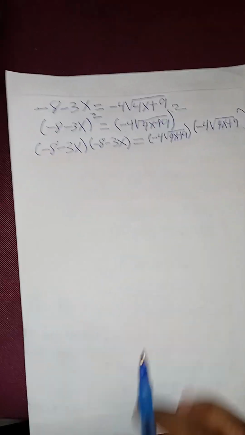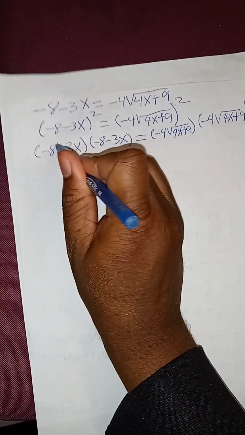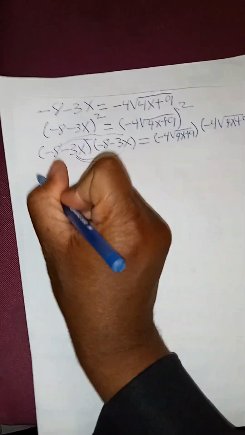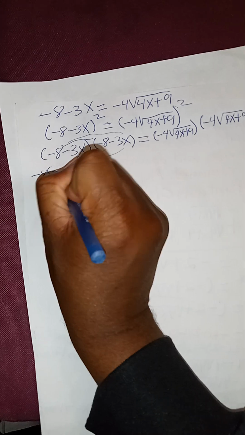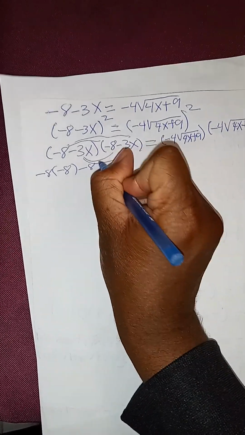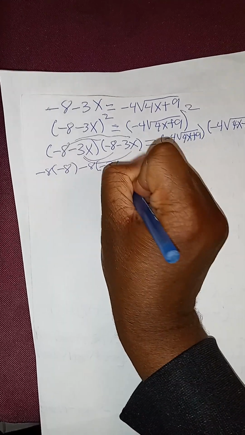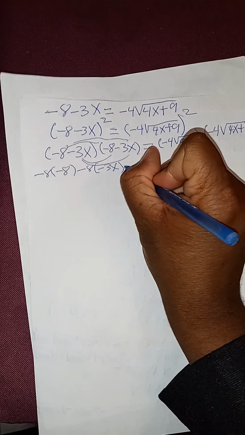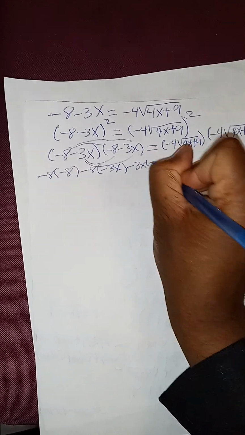Now we must FOIL on the left-hand side. Outer, outer, inner, inner. So -8 times -8. Then -8 times -3x. Minus 3x times -8.